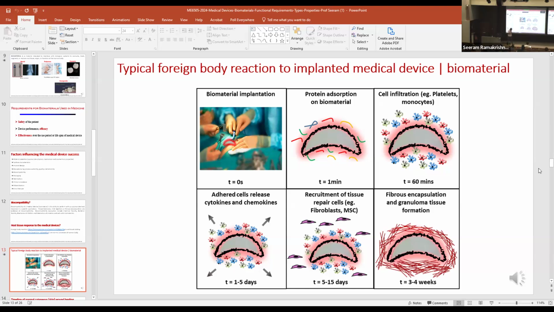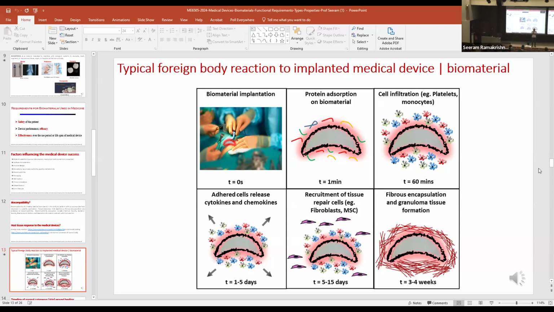There are other cells, what we call fibroblasts. And they are the ones that form a fence around the implant, because the body recognizes the biomaterial or medical device as a foreign body. It's not yours. So when the body recognizes that, it actually has this reaction.